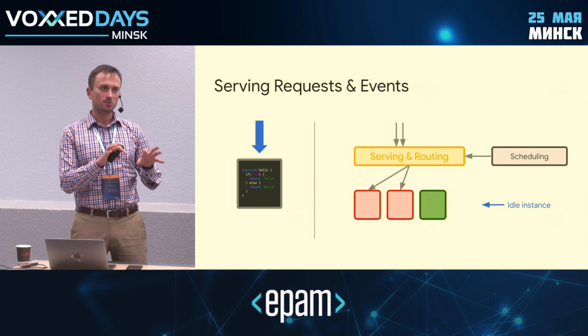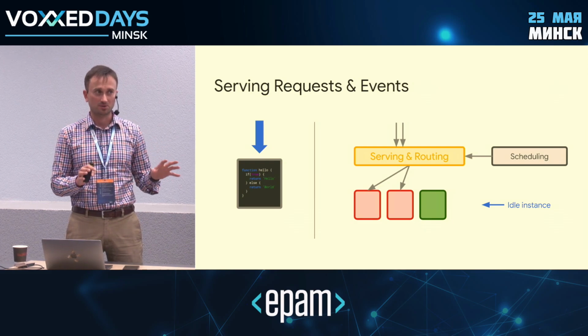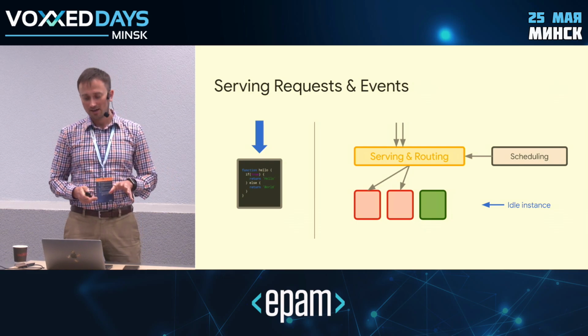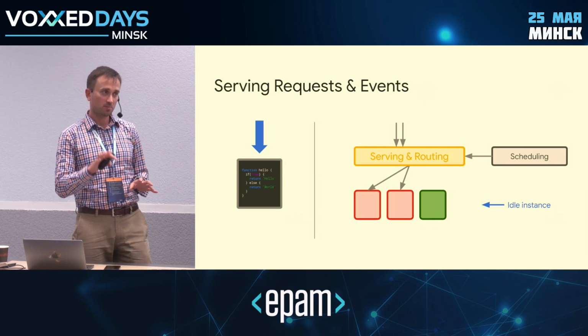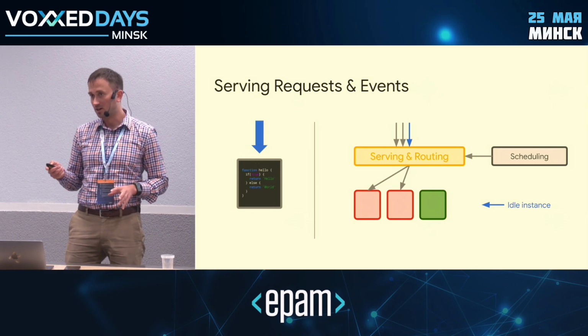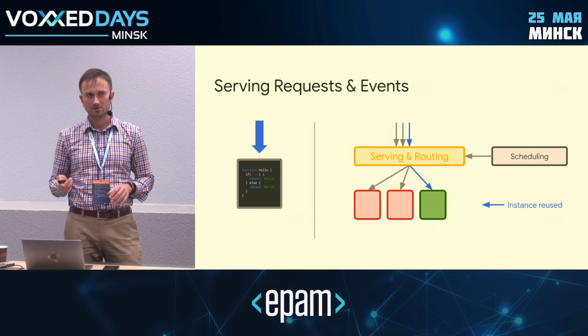We maintain some set of instances for every function. When there is no traffic, we sometimes actually get rid of all the instances. But of course, when there is traffic, some instances are handling the traffic, but some instances may remain idle. And when a new request comes, we try to find an idle instance to run it.